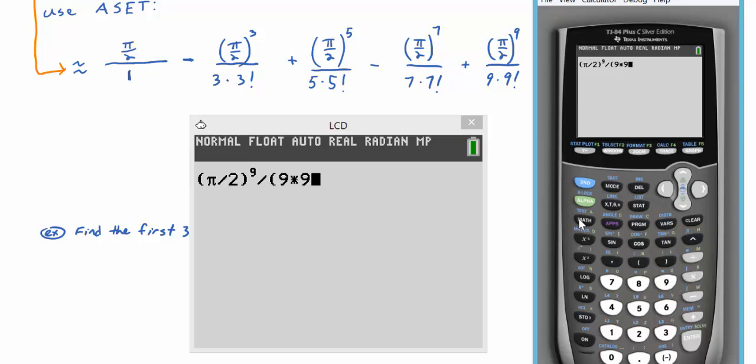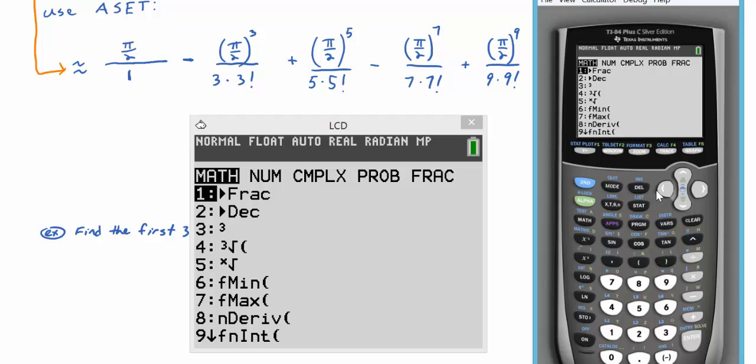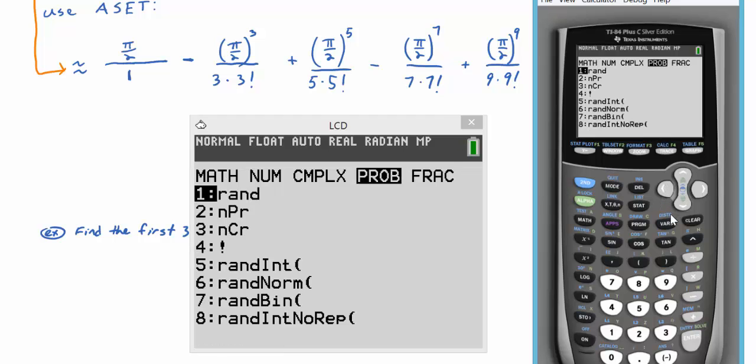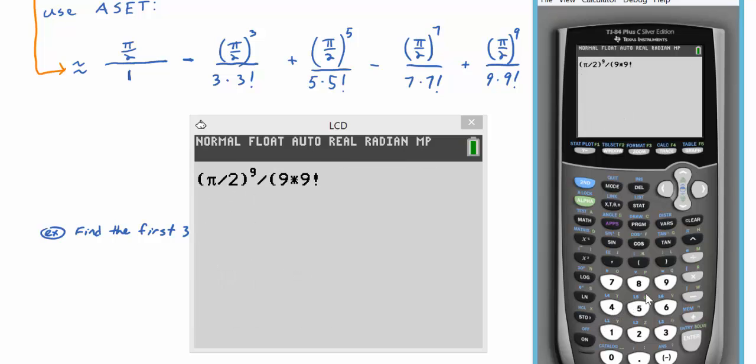Where is the factorial button? Go to math and then left to PROB, probability. Comes up a lot in probability. And then close that parenthesis. Okay, so that's 4 zeros, right? And we only needed 3. So I think we're good.